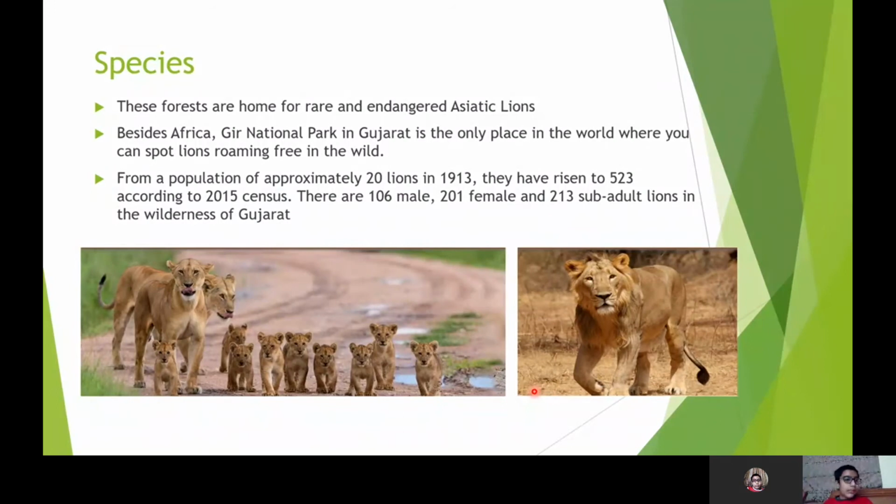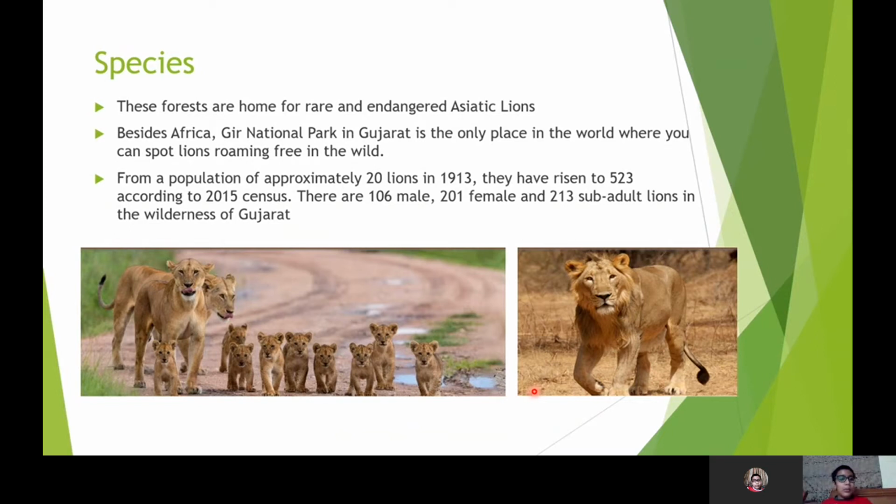Species. These forests are the home for rare and endangered Asiatic lions. Besides Africa, Gir National Park in Gujarat is the only place in the world where you can spot lions roaming free in the wild.